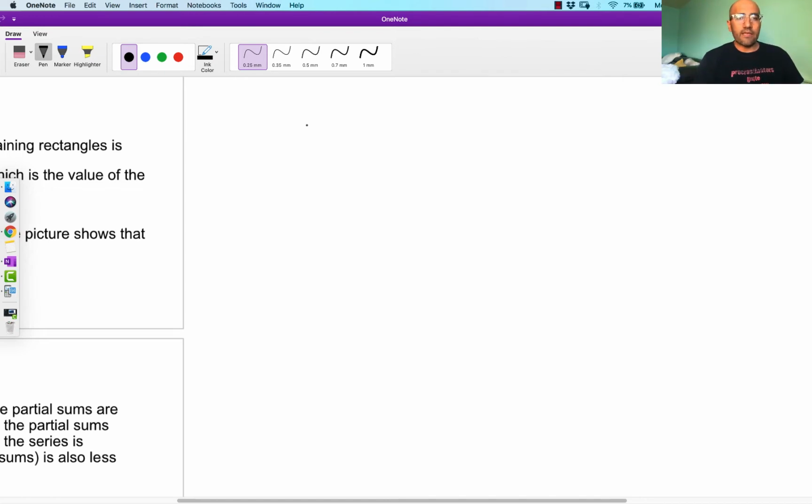All right, let's find the integral from 1 to infinity of 1 over x squared dx. To find that integral, we're going to have to find the limit as, say, b goes to infinity of the integral from 1 to b of 1 over x squared.